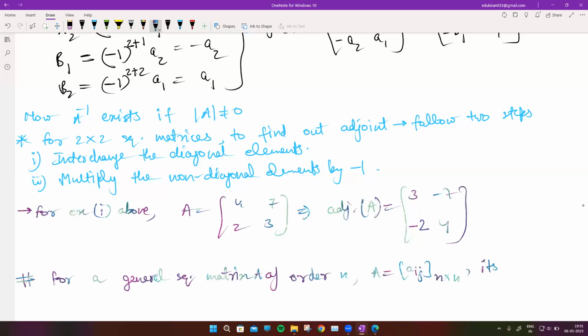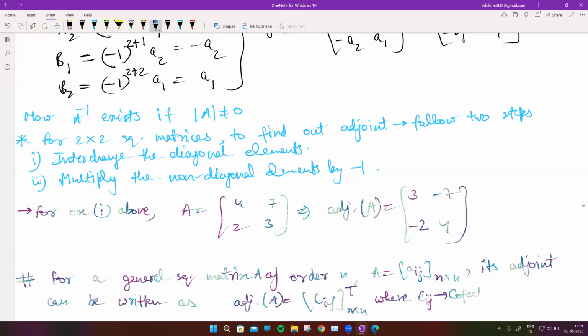Its adjoint will be just take the cofactor for each element and take the transpose, whole transpose, where Cij is the cofactor of Aij.